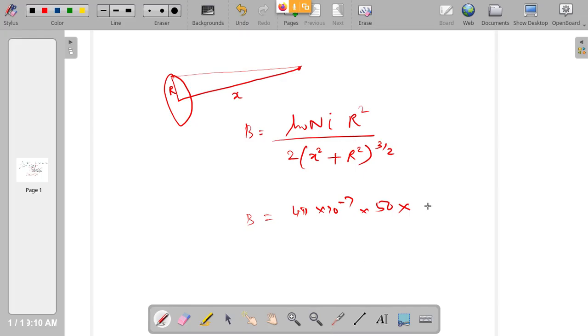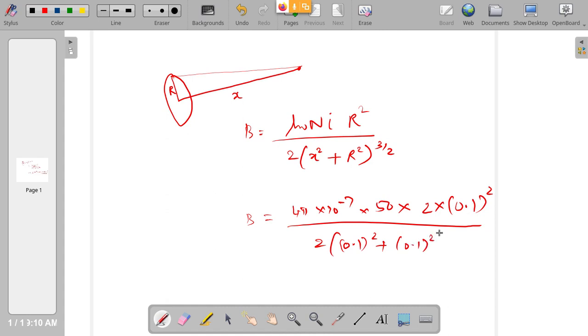Radius is 10 centimeter, so it is 0.1 meter. So 0.1 square, r square, divided by 2 into 0.1 square plus radius also is 10 centimeter, so 0.1 square, whole power 3 by 2.